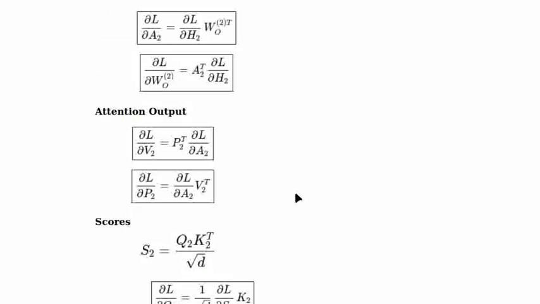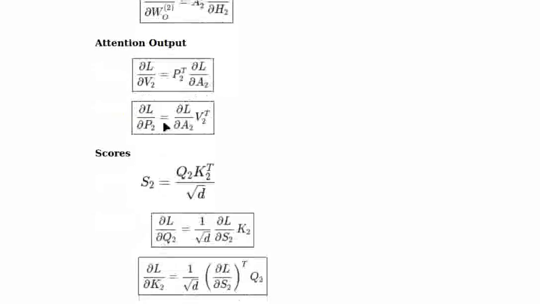For the attention output, dl dV2 and dl dP2 are given by these formulas. So dl dA2 is known, and we can calculate from that. We can calculate the outputs, the gradient's output.